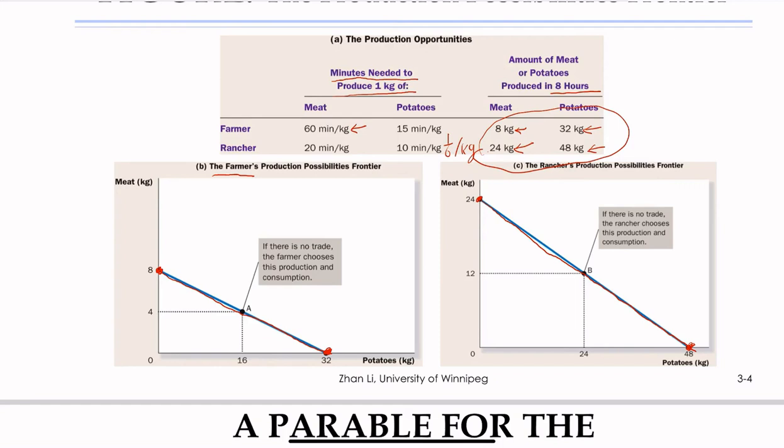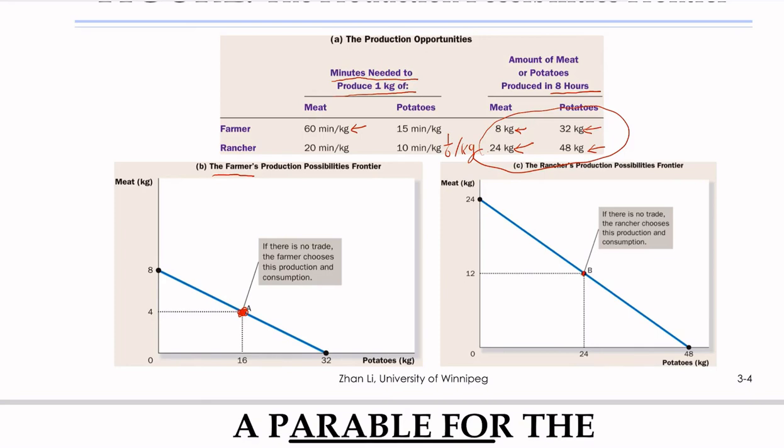Basically, we are assuming that the farmer will spend 4 hours producing meat and the other 4 hours producing potatoes. So the actual production is given by these two middle points: point A, which is just in the middle of this line, and B will also be in the middle of this straight line.